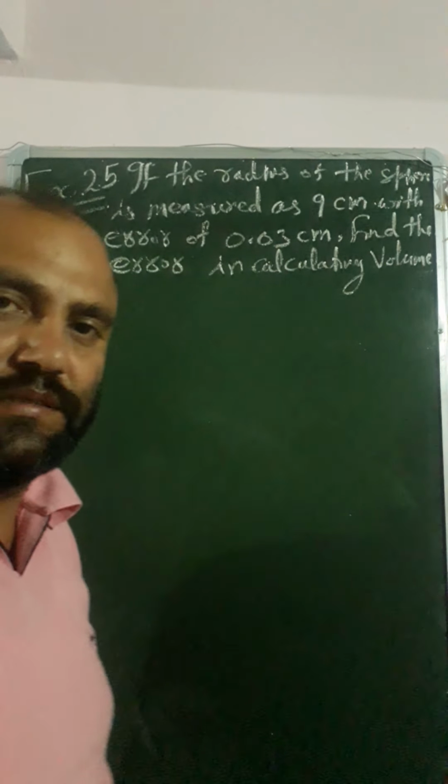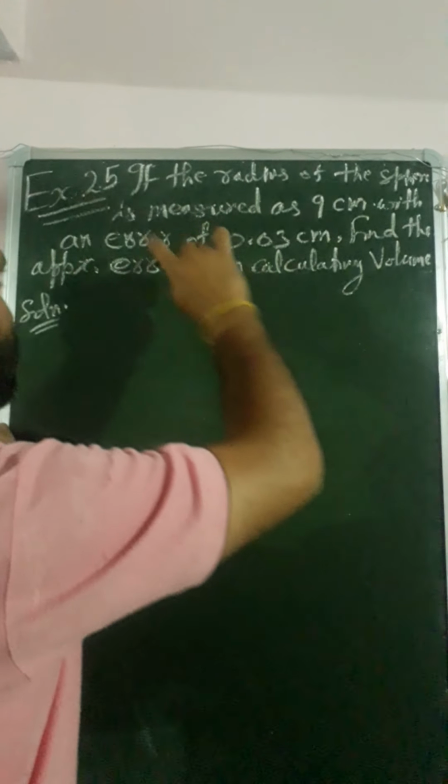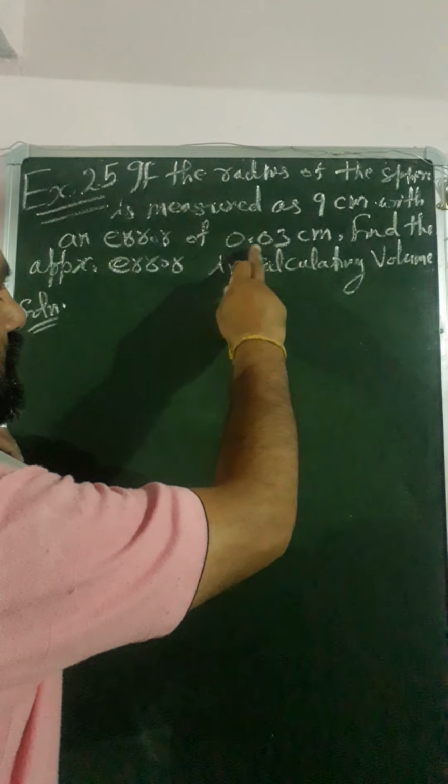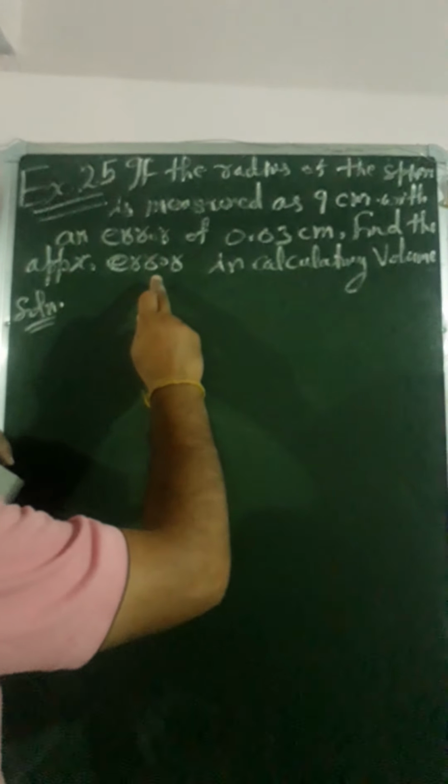Okay, next example number 25. If the radius of the sphere is measured as 9 centimeter with an error of 0.03 centimeter, find the approximate error in calculating the volume, right?